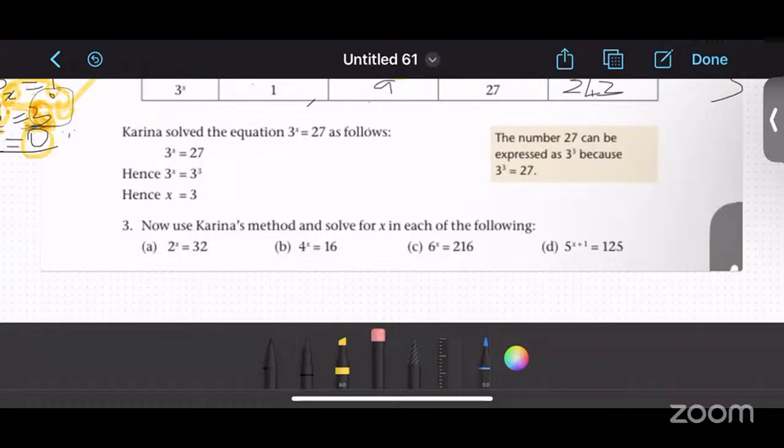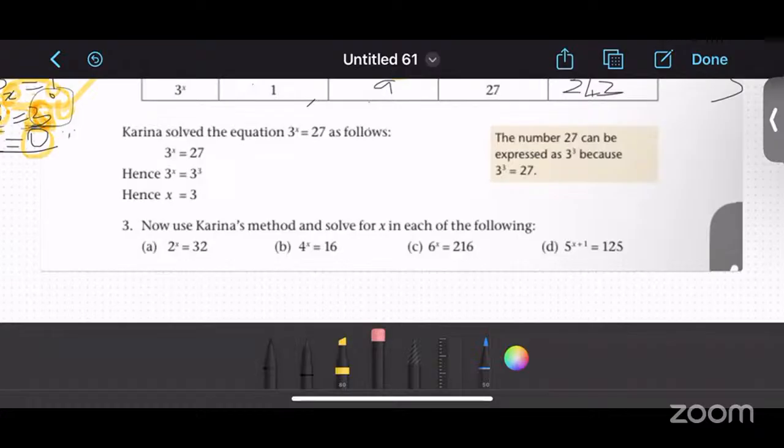We have 2 to the power of x is equal to 32. What do you think is going to happen here? How are we going to work this out?